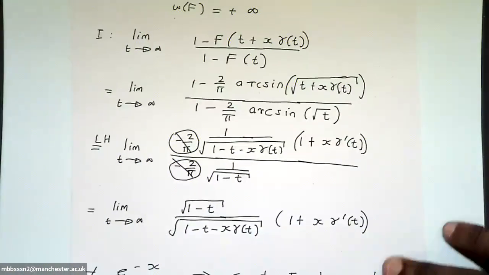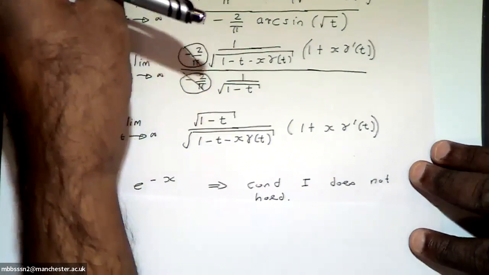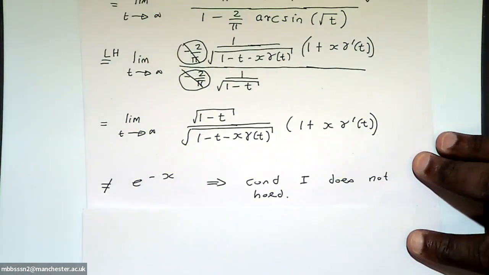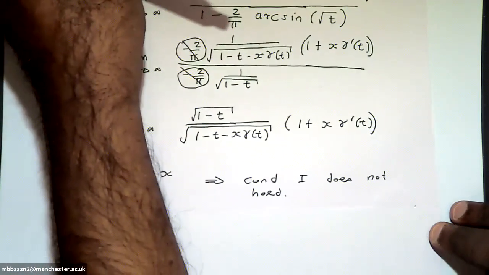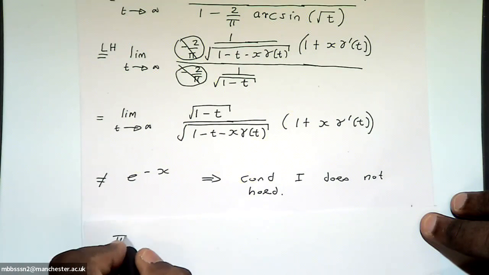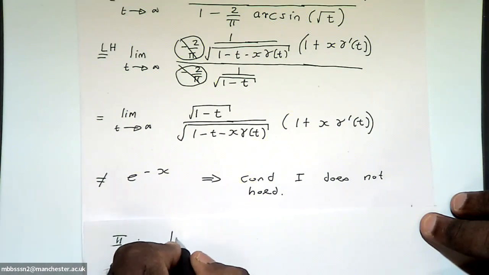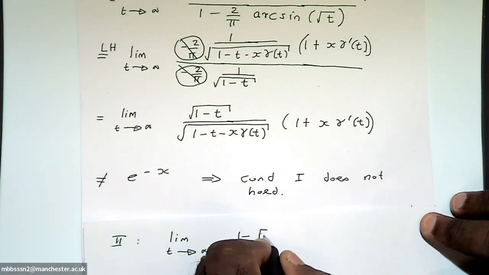So condition 2 is about checking the limit as t goes to infinity of 1 minus f.